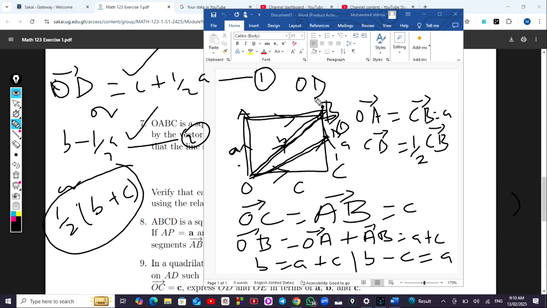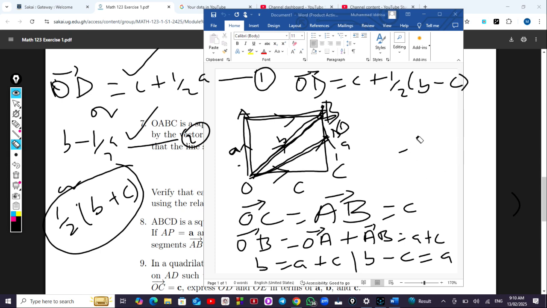Here we have OD equal to c plus half a, from equation 1. In place of a we are now using b minus c. So OD will be c plus half b minus half c.